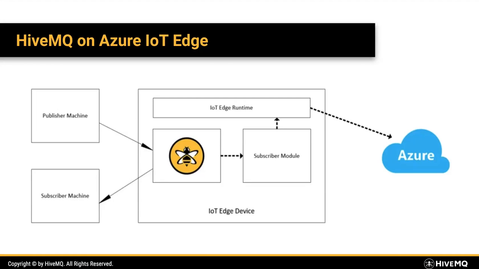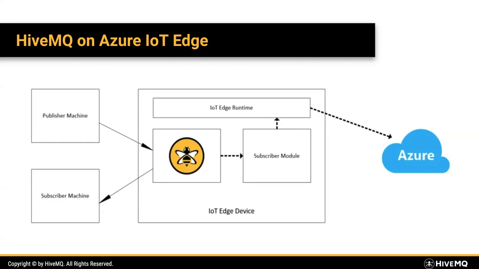The subscriber machine is interested in a certain topic. It's listening for certain types of messages that, for example, publisher machines publish. And this is how the subscriber machine can react, for example, by switching off a certain conveyor belt or something like that, once a certain type of message, for example a failure message, is detected from the publisher machine.